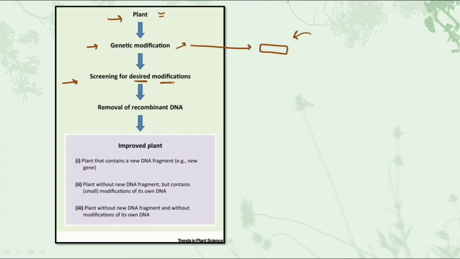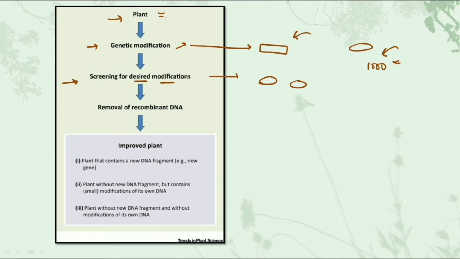That is, we screen out those plantlets that actually carry the desired modifications. If we are growing 1,000 plantlets in an area, it is not confirmed that all 1,000 would be carrying the genetically modified DNA that we have inserted.